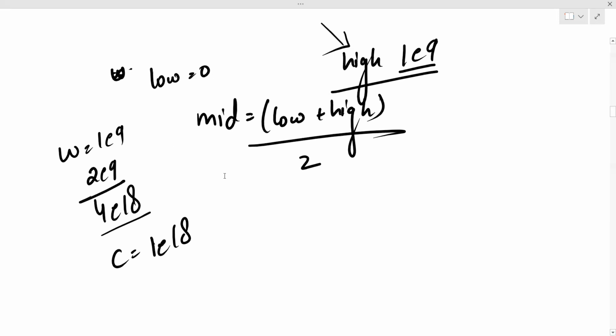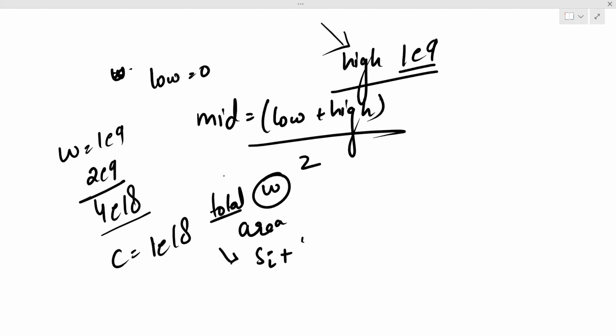We'll consider this mid as our W, and we'll calculate the total area of the squares. How? We'll go through each of the square sides as Si, and for this Si, we'll add 2 times mid, and we'll calculate the square for each of these squares, and we'll add this value to our total area.